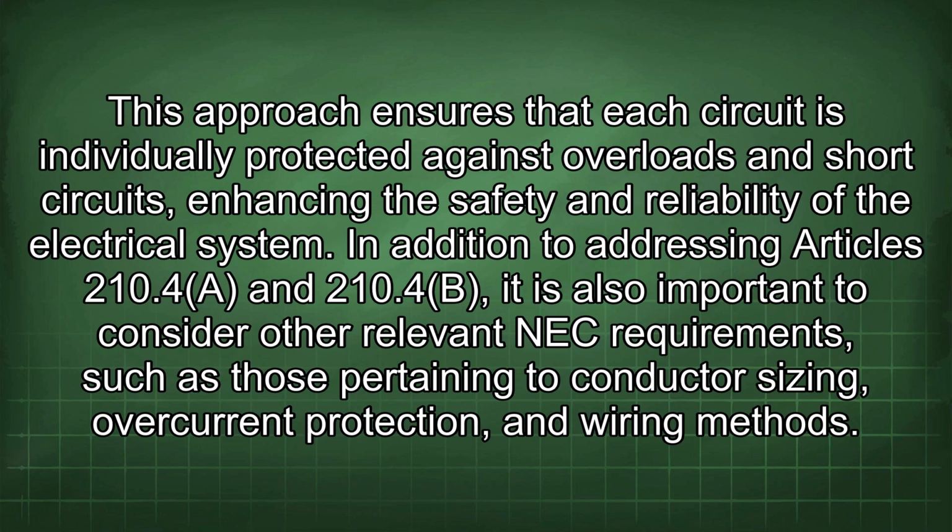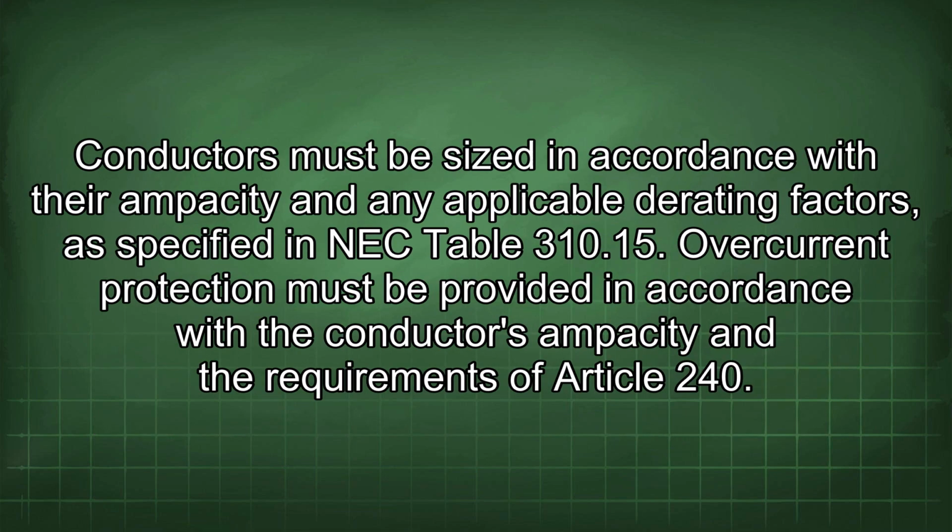In addition to addressing Articles 210.4 and 210.4b, it is also important to consider other relevant NEC requirements, such as those pertaining to conductor sizing, overcurrent protection, and wiring methods. Conductors must be sized in accordance with their ampacity and any applicable derating factors, as specified in NEC Table 310.15.